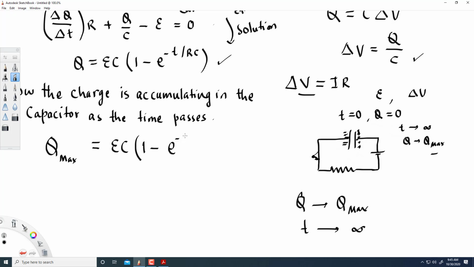So when time goes to infinity, what happens to this expression? E to the very, very large minus very, very large number. Have you guys ever seen this kind of exponential terms in some other course?